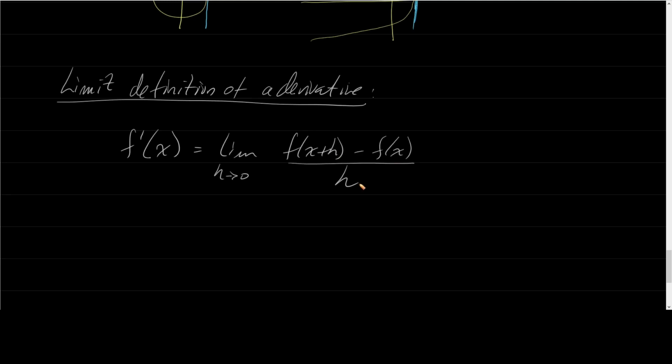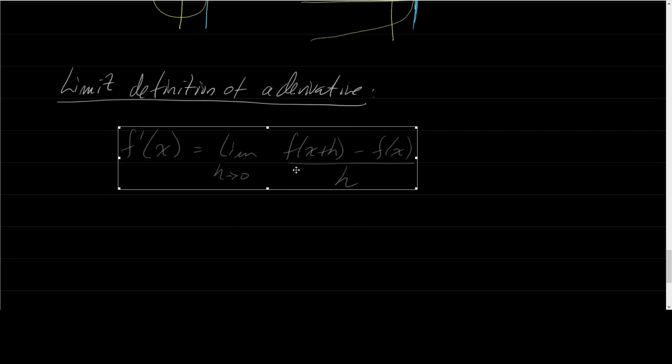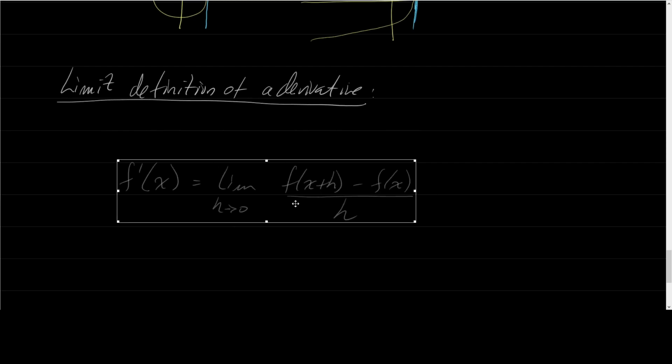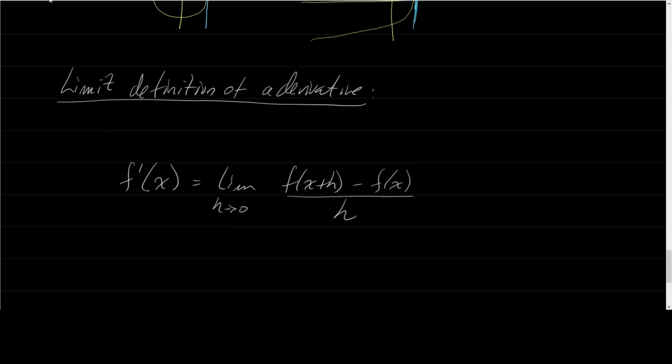That would be the derivative, all right? So let me actually add some words here, but I want to shift this. So the derivative of f at x is this thing. F prime of x is equal to the limit as h goes to 0 of f of x plus h minus f of x over h, provided the limit exists.